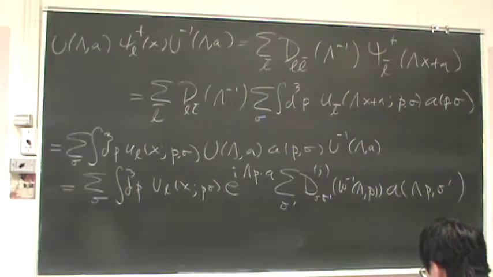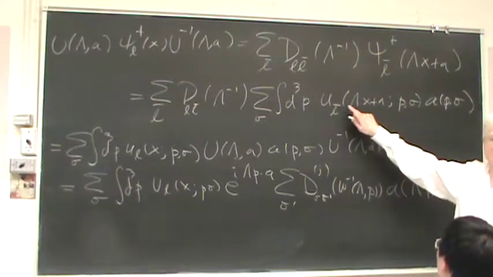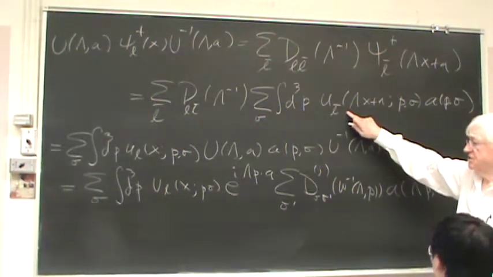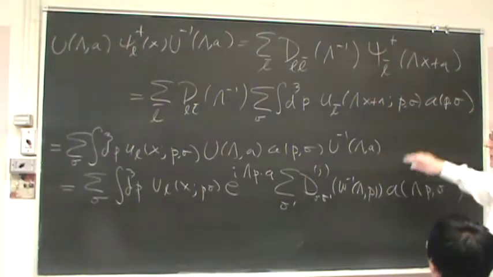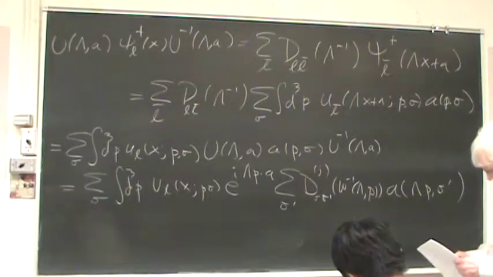So that's our task. Our task will be how to choose the U's, the spinors, these coefficients, so as to satisfy this equation. The two right-hand sides are equal.